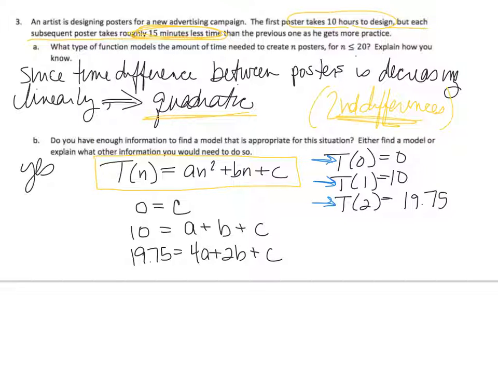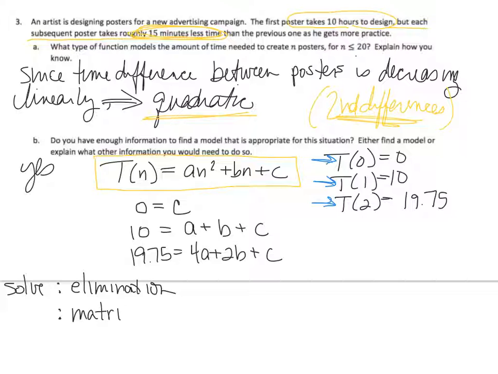So if you remember, we can solve these using just elimination and adding and subtracting the equations together. So a process of elimination. Or, if you remember, we can use matrices in our calculator.